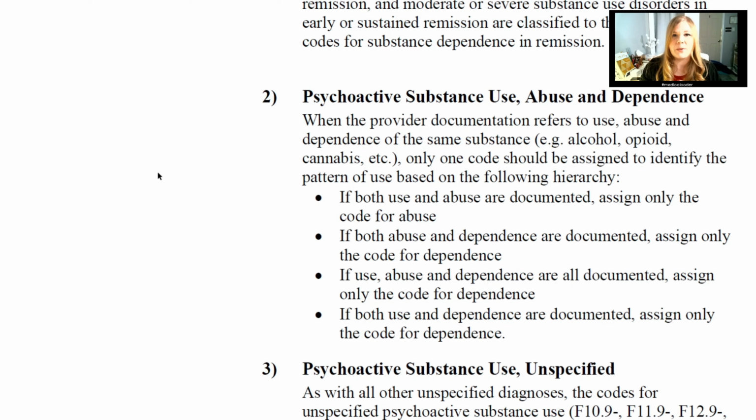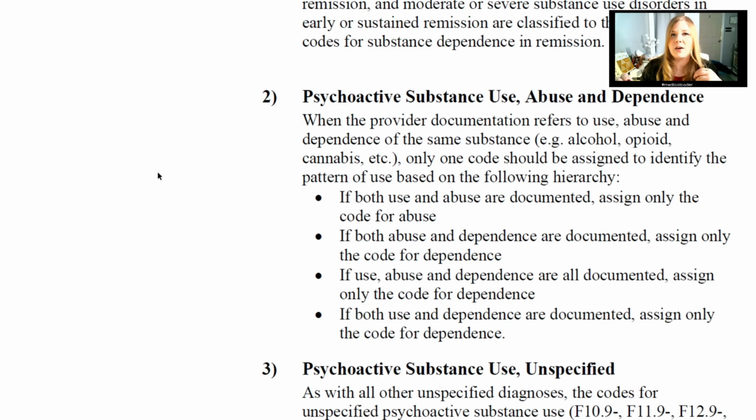So if, for example, we'll use alcohol. Provider documents, patient has alcohol use and alcohol abuse, you would only assign the code for abuse. If the provider says alcohol abuse and dependence, we only would assign the code for the dependence. If they document alcohol abuse and alcohol dependence, we assign just the code for dependence.